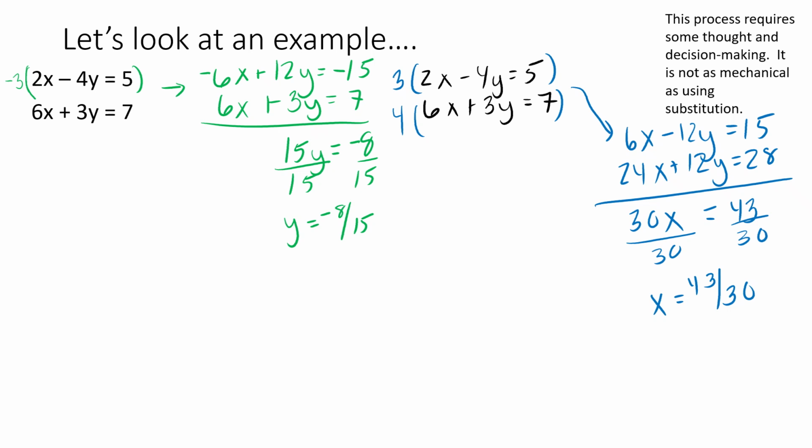Neither of those are friendly numbers that you would want to go and plug in. But you'll notice that the work isn't too bad. So if you take a moment and look at the screen, this isn't a huge amount of work. You've got to do some multiplication of those equations, and if you pick your numbers right, you should be able to add them going down, and you don't really care if you get a fraction because you're not going to do anything with it anyway.